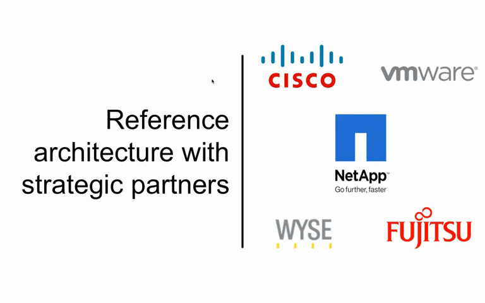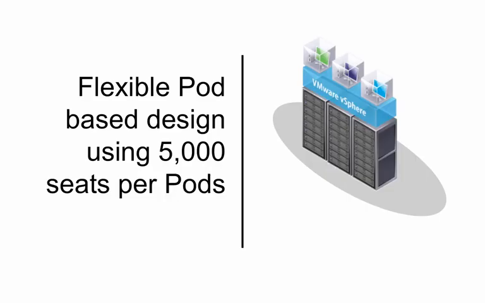With NetApp storage virtualization, Cisco's network virtualization, VMware server virtualization, and Wise and Fujitsu's compute technologies, this reference architecture brings each vendor's industry-leading technologies together to create a robust, scalable, and modular desktop virtualization environment.